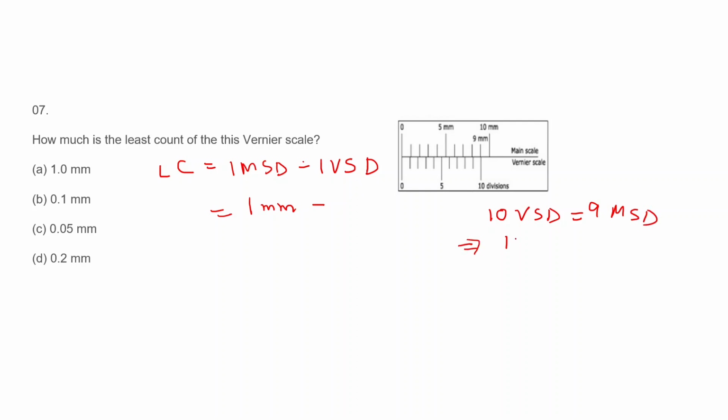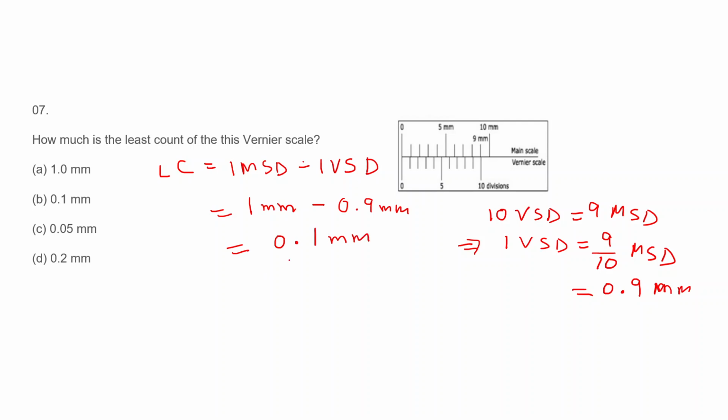This means 1 vernier scale division is equal to 9 by 10 main scale division. So least count is 0.1 millimeter or 0.01 centimeter. Here we have in millimeters, so the correct answer will be 0.1 millimeter.